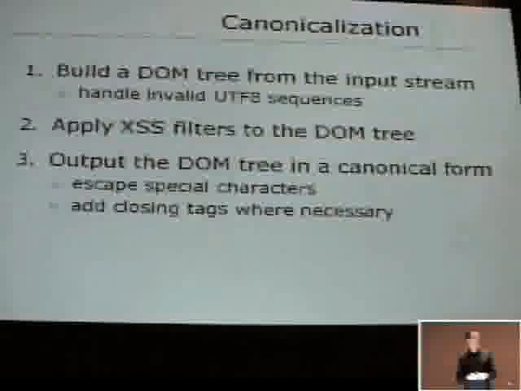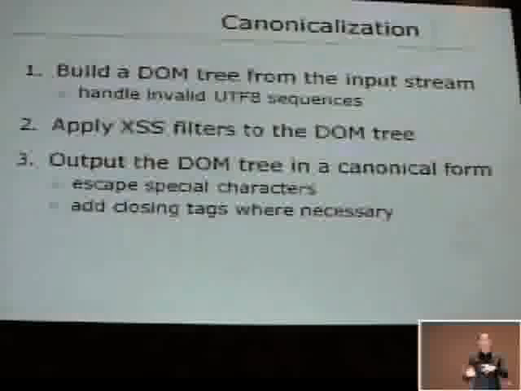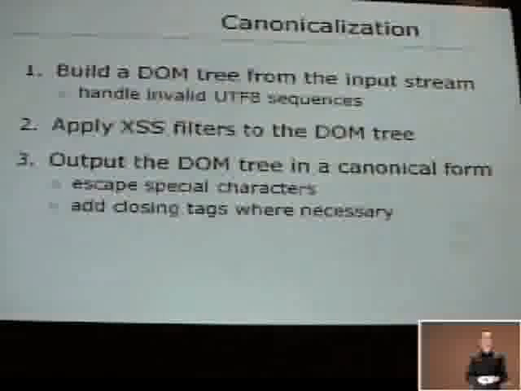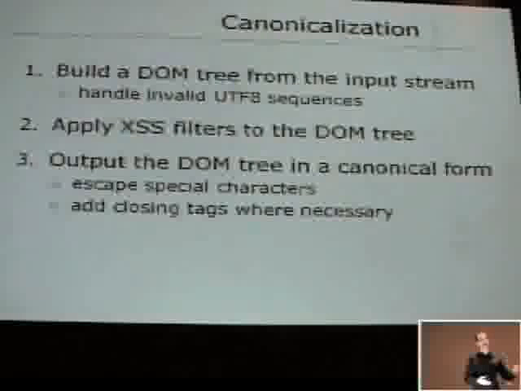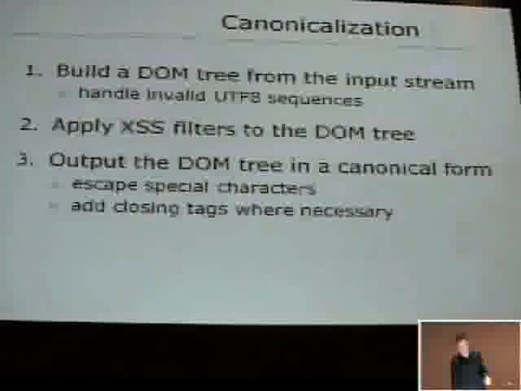The canonicalization also makes sure to escape all the special characters properly and close all tags that are not closed. So by being very careful about how you do the output, you can ensure that the browser, when parsing that output, will interpret it in the exact same way that your filter interpreted it. And this is a much safer way to do cross-site scripting filtering.